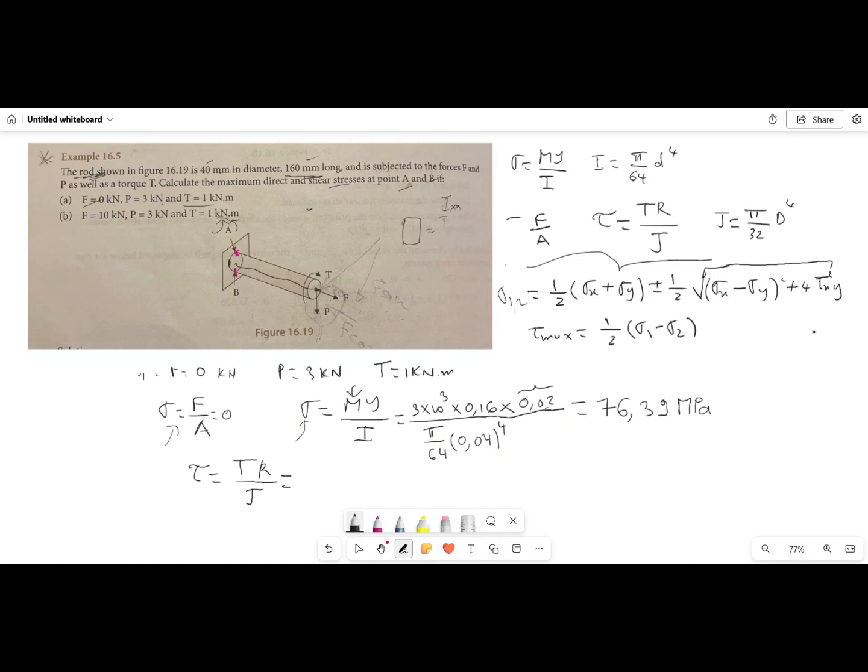What is force times distance? Force times distance is simply a moment. Like basically, when we had P times the length, it gave us the moment M.